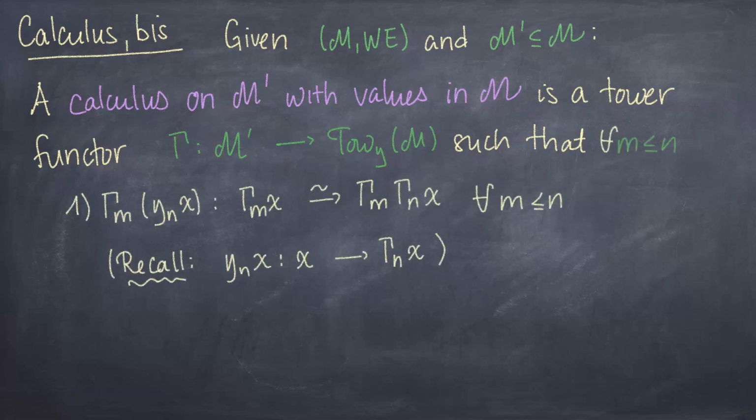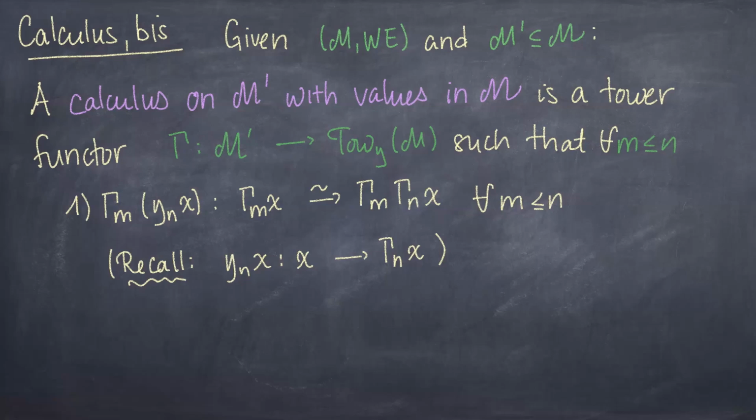So let's look at the first one. If I have little m less than or equal to little n, then I'm going to say, okay, if I take the map eta n of x, which goes from x to gamma n of x, I'm thinking of gamma n of x as being some sort of degree n approximation. Think about it as some sort of polynomial approximation of degree at most n.